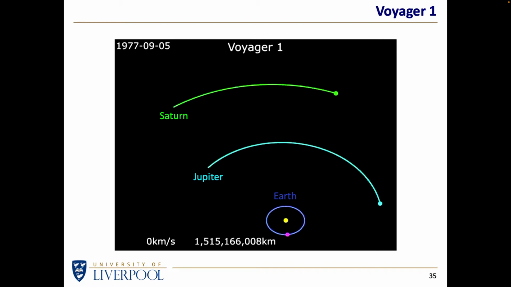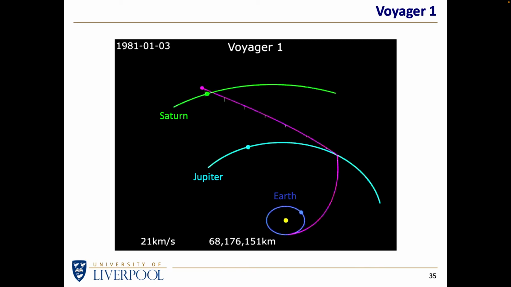Some years later, they decided to do this as fully as they can, the full grand tour. Voyager 1 left in 1977 and was sent past Jupiter. Again, a trajectory that takes it close to Jupiter, and then a kink in its trajectory shows you that it slingshotted past Jupiter, picked up some extra speed, and was sent then on its way to Saturn.